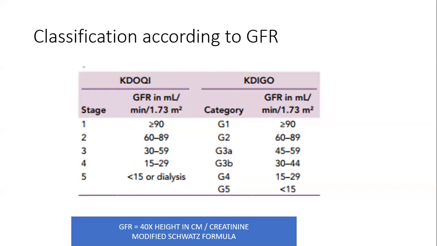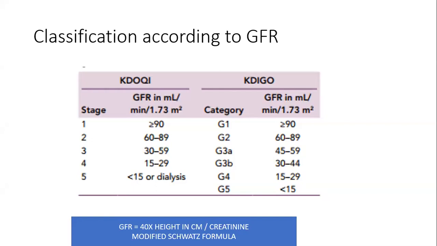Stage 3A is GFR 45 to 59, stage 3B is 30 to 44, then stage 4 is 15 to 29, and stage 5 is less than 15. You may find differences in other categories, where they also consider dialysis.